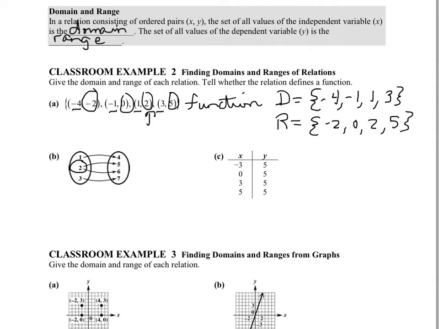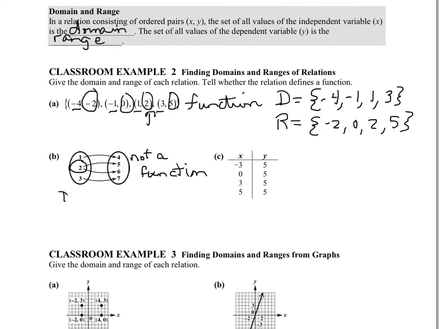We have a problem. If we were to write this as ordered pairs, one ordered pair would be 2, 5, but the other one would be 2, 6. That means it's not a function. It wouldn't matter if I have two arrows pointing to the same number in the right oval. I just can't have two arrows leaving the same number in the left oval.